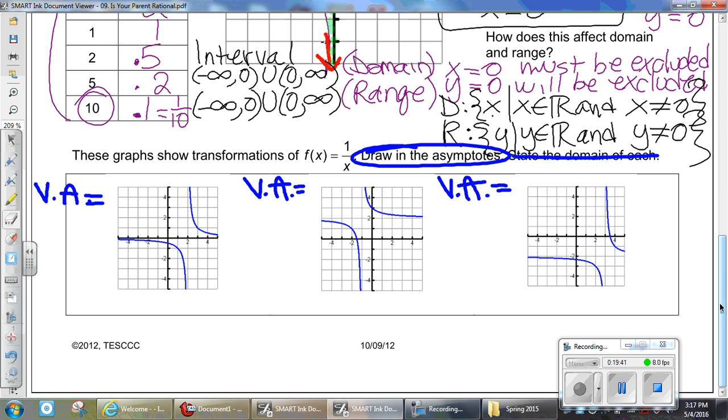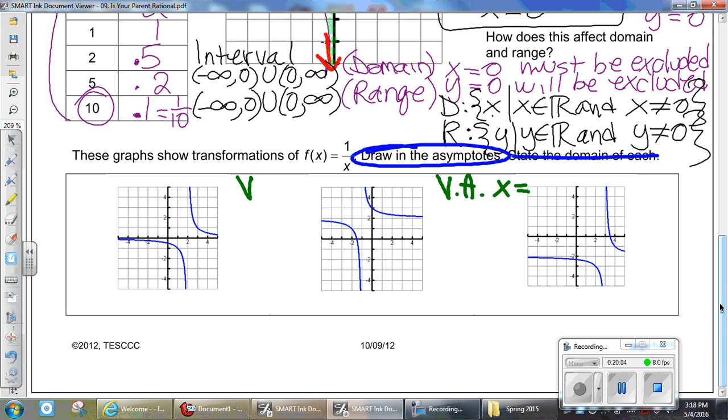Oops, actually I shouldn't be writing this. It's wrong. And feel free to use a color pen, highlighter, color pencils, whatever you want. So let's say vertical asymptote. Will that be x equals a number or y equals a number? X. So you need to find that number.